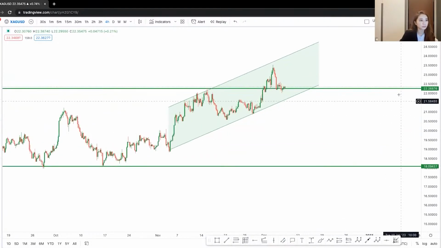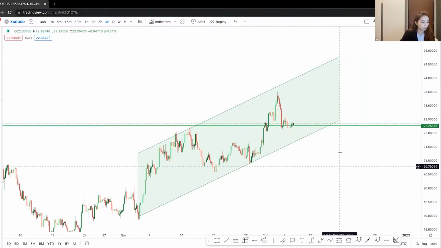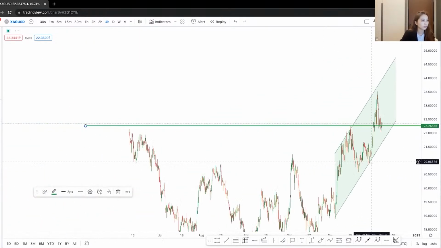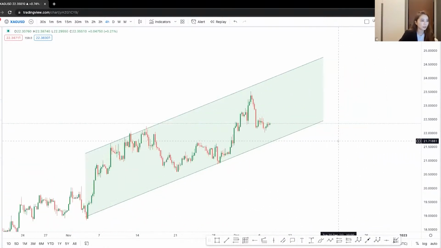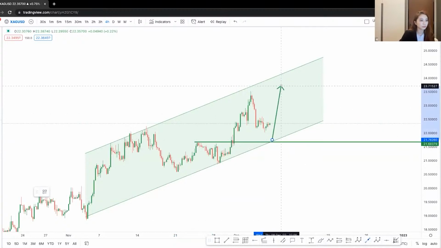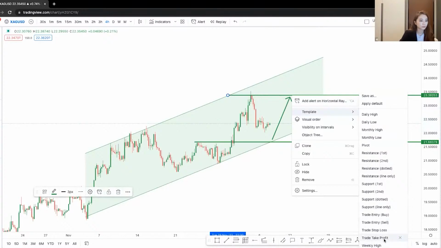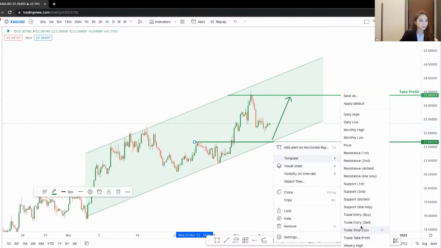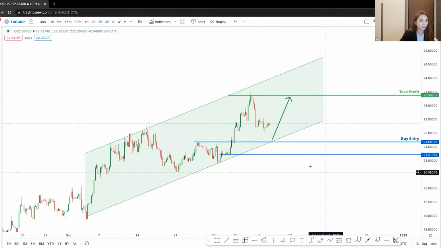Yeah. So in my viewpoint, I would choose to remove this. I am seeing another level over here instead. Seeing an upward movement bounce off. And I would like to keep my stop loss slightly closer.